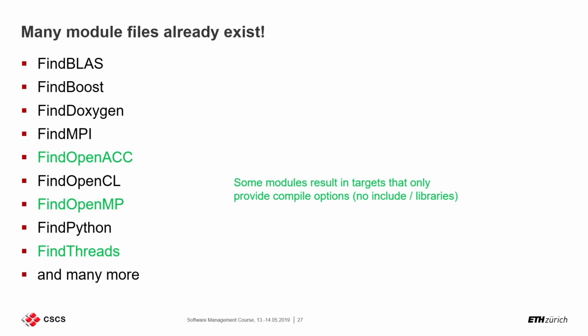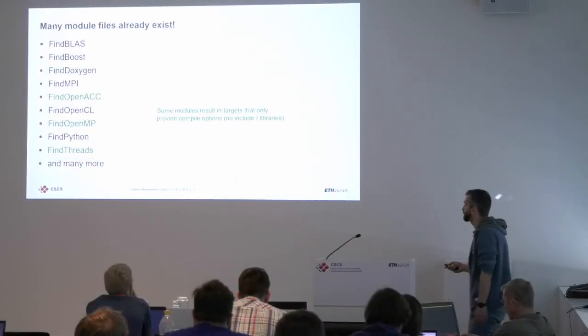OpenMP, for example, is built into your compiler. So what find OpenMP will give you is a target that has all the information that needs to be passed to the compiler to enable OpenMP. So for example, -fopenmp will automatically show up in the build command.